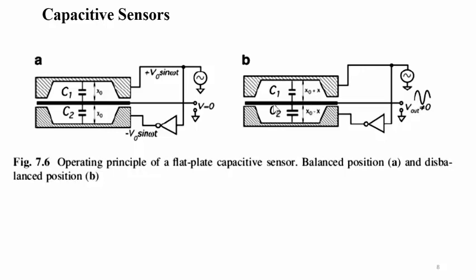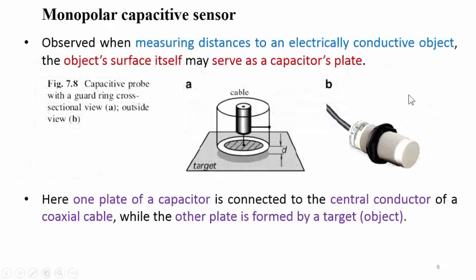C2 corresponds to the displacement X0 minus X, and C1 according to the change in the capacitance is X0 plus X. So depending on the location of the dielectric plate in between the two plates of the capacitor, we are getting a change in the output voltage. This is the unbalanced position of the capacitive sensor.